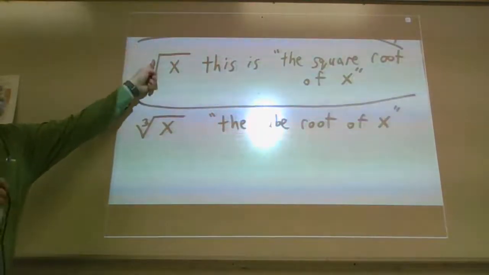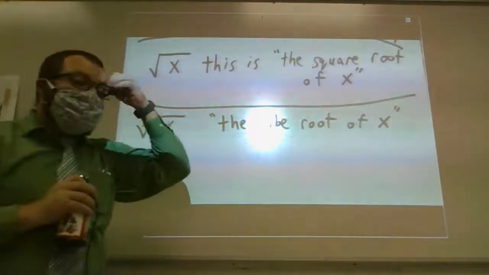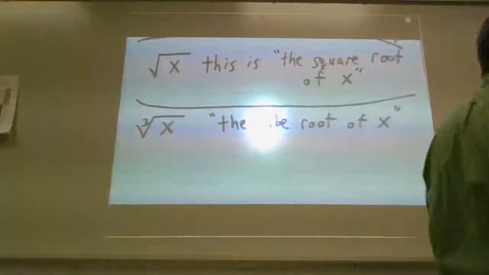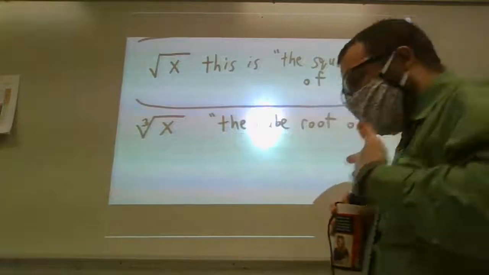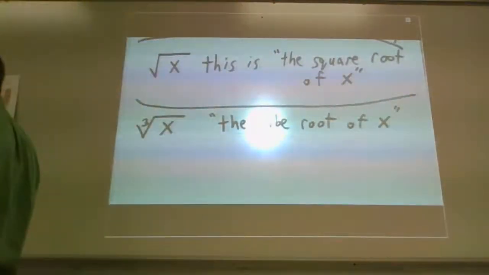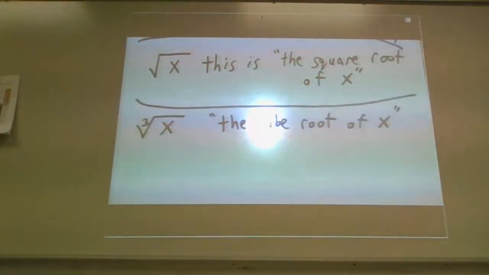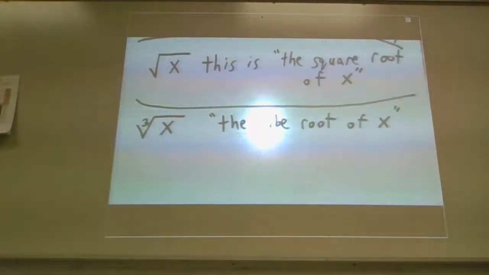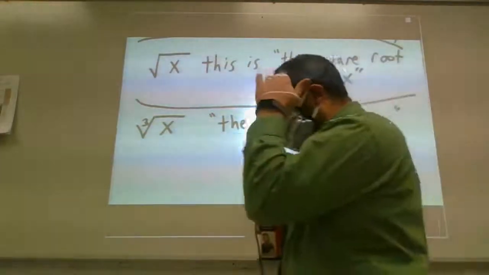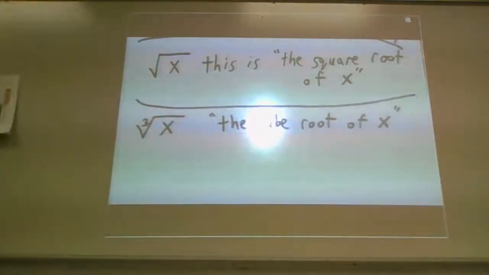If there's no number in that little crevice of the square root symbol, which actually is called the radical, then you automatically assume square root, and you would be correct. But if a little number is written in that little crevice, then you can no longer assume that it is a square root. It is a different type of root. In this case, it is a cube root.